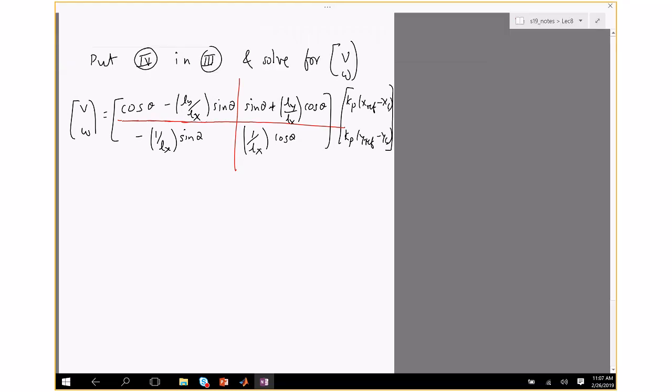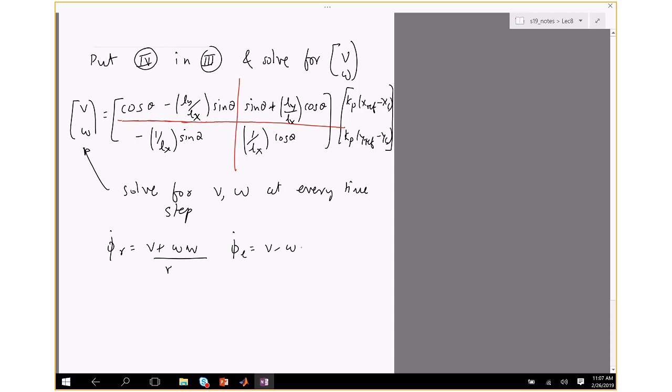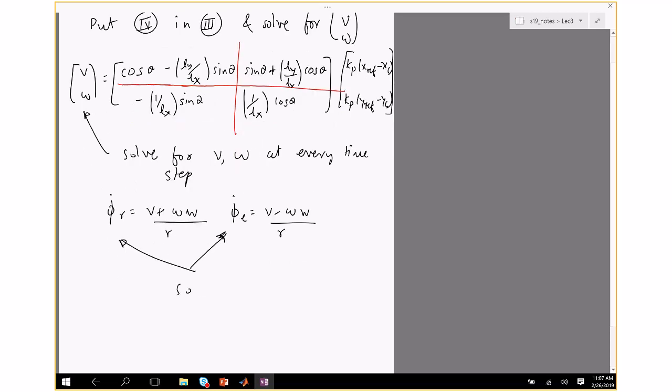Okay, solve for v, omega at every time step, and then once you solve for v, omega, phi dot r is simply v plus... Solve for phi dot r, phi dot l given v, omega at every time step.